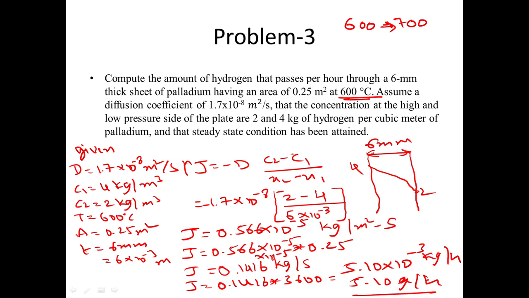Okay, so I have given 2 minutes of time for you to think about this question. If you increase the temperature from 600 to 700 degrees Celsius, this diffusivity value will change. The diffusivity value which is given here, 1.7 into 10 to the power minus 8, is at 600 degrees Celsius.